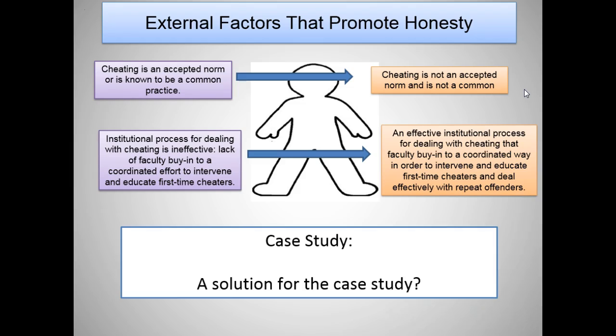We want to have buy-in, a coordinated buy-in where everyone is on board and participating, and we want to try to intervene to catch students the first time they cheat. That way they don't become repeat offenders, and when someone does cheat the second time, then we can think about it as something much more serious.